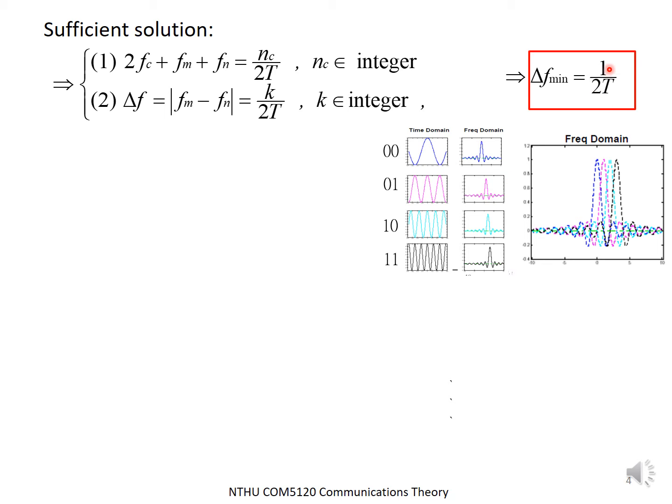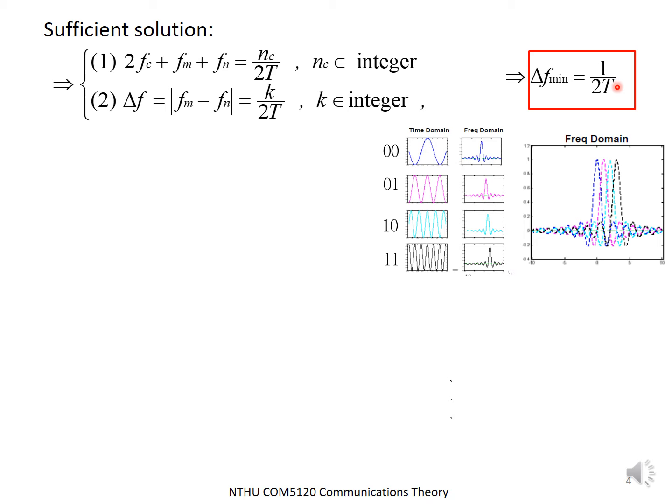As we can see, with increasing the symbol rate, when we need to send transmission at a higher symbol rate, what does that mean?